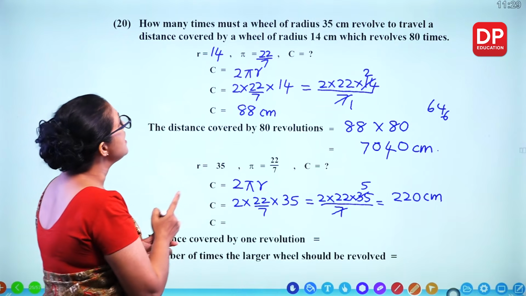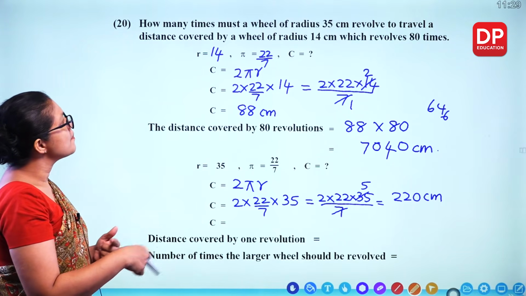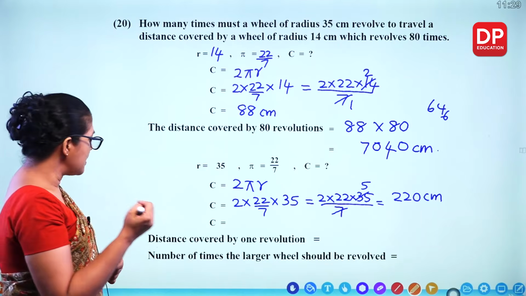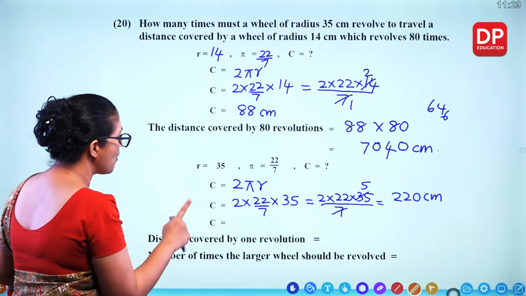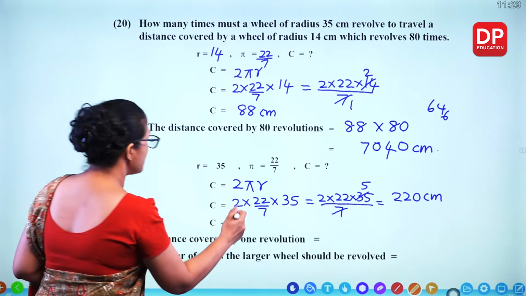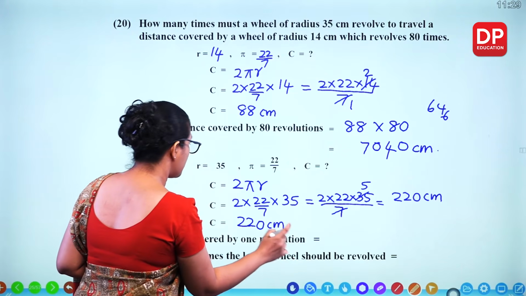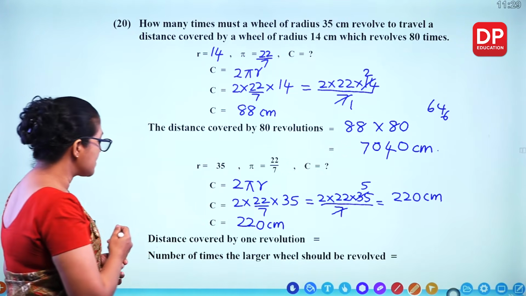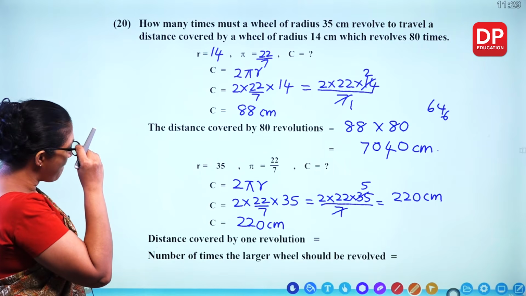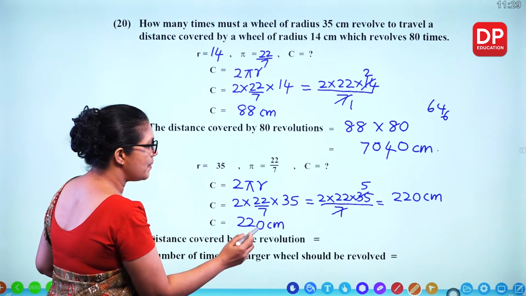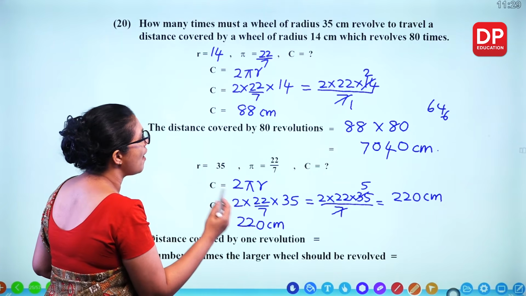So now we need how many times the wheel need to rotate to get the same distance? So distance covered by 1 revolution for this one is 220 centimeters. Number of times the larger wheel should be revolved. You have to divide.